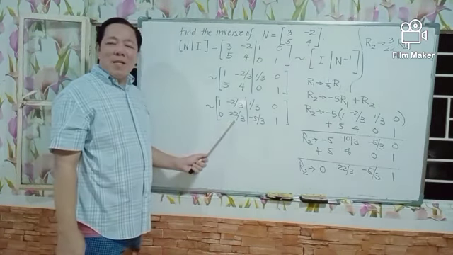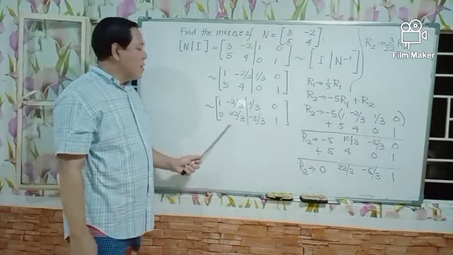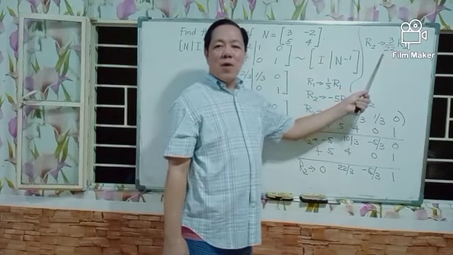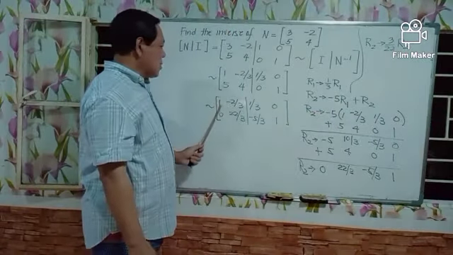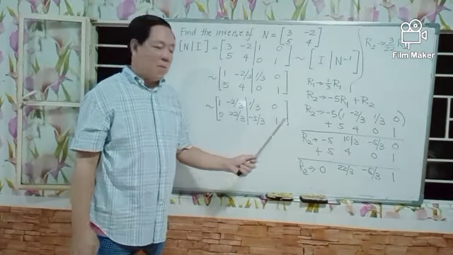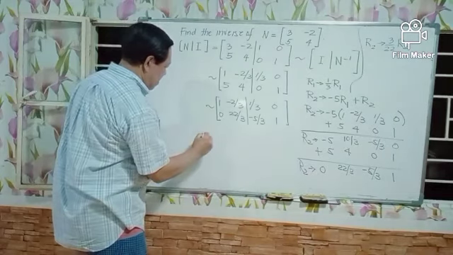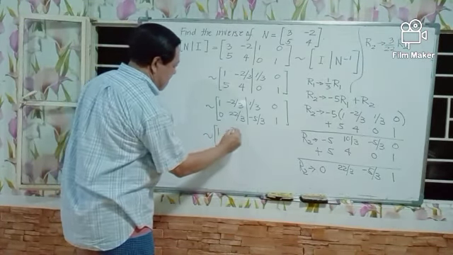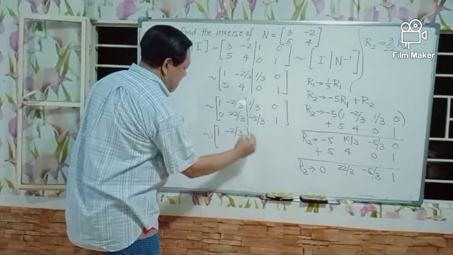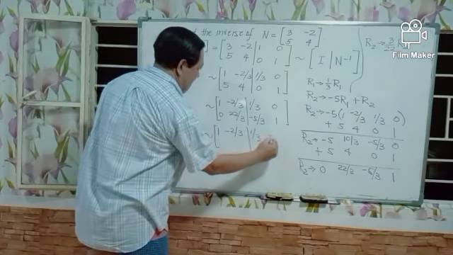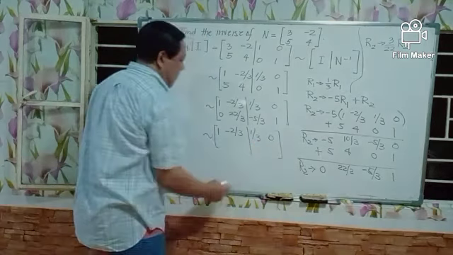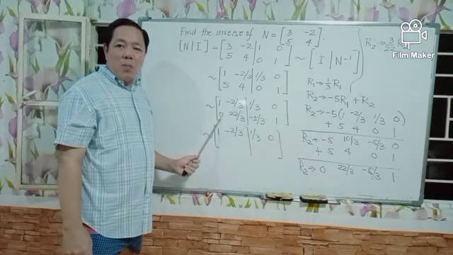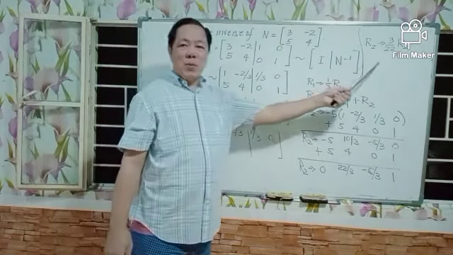So to change this into 1, we multiply all the entries of row 2 by 3/22. And the entries of the first row are the same. We now multiply row 2 by 3/22.